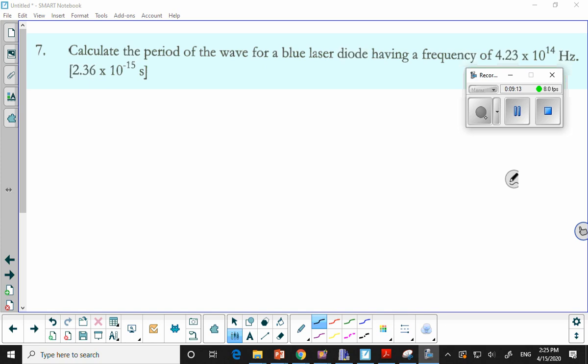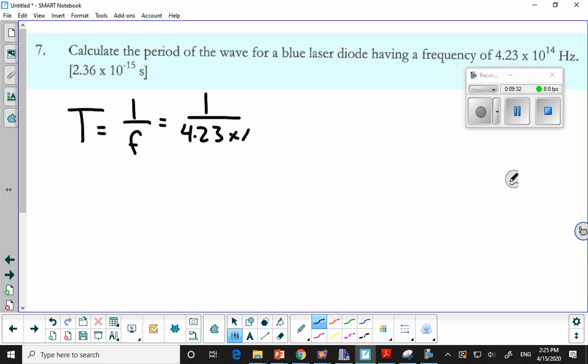We want to calculate the period when we know the frequency. I'll remind you that the formula that relates period to frequency is that they're inverses of each other. So period is equal to 1 over frequency. The frequency was given as 4.23 times 10 to the 14 hertz.